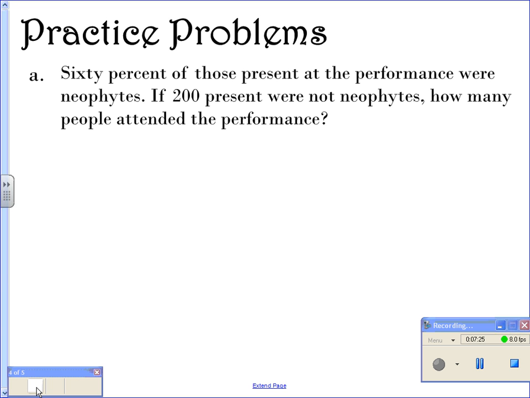If 200 present were not neophytes, how many people attended the performance? Anyone want to go to the board and work it out?